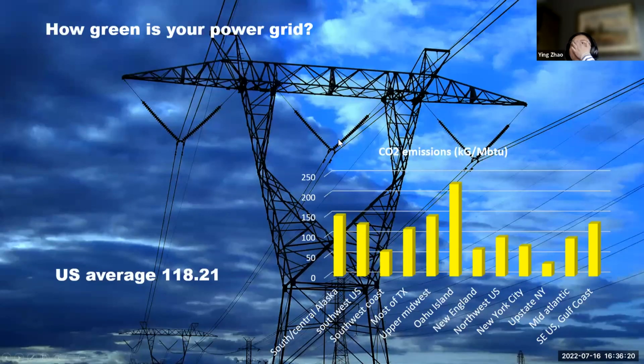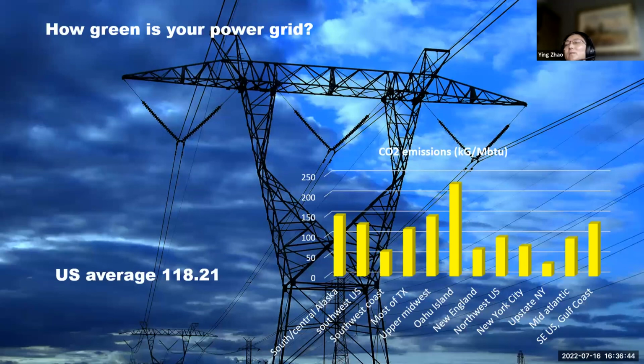So another concept is how green your power grid is. It depends on how much renewable supply goes to the grid, what the percentage of traditional fossil fuel generation is versus renewable generation.